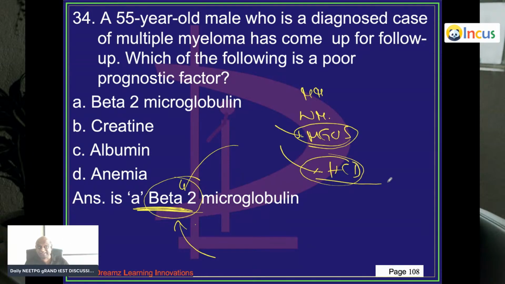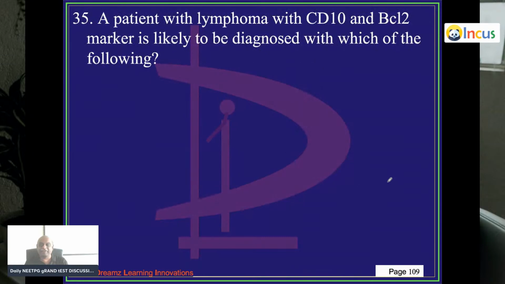Rouleaux formation is there. Albumin globulin ratio reversal is there. High ESR is there. Bone pains are there. Anemia is there. Elderly female came to you. Her alkaline phosphatase is normal. Radionuclide scan is negative because there is no osteoblastic activity in multiple myeloma. Everything you need to revise, doctor.